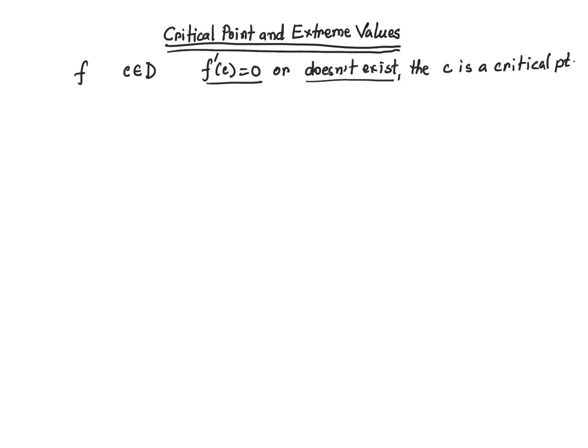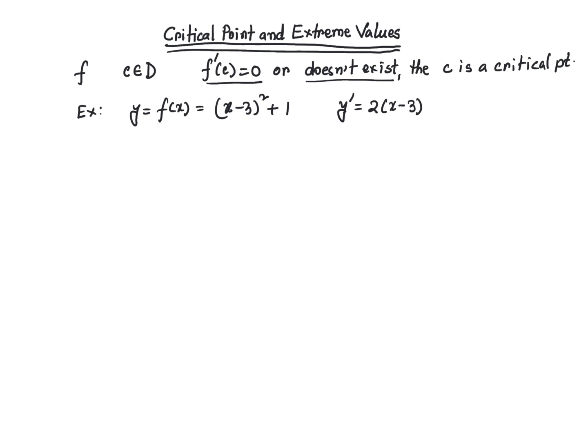And we could use some examples. So let me give you an example here. Let's say y is equal to f of x is equal to (x minus 3) squared plus 1. So what is y prime? Y prime is going to be 2 times (x minus 3), using the power rule and then the chain rule.